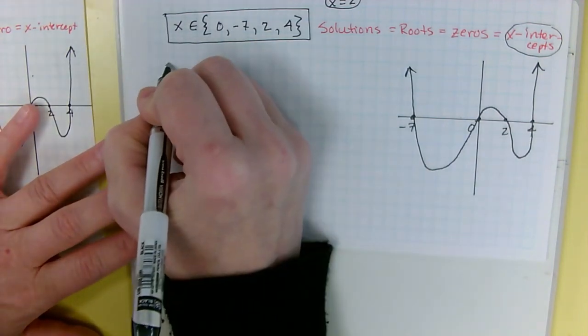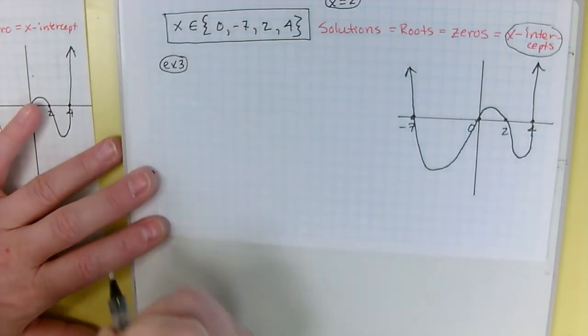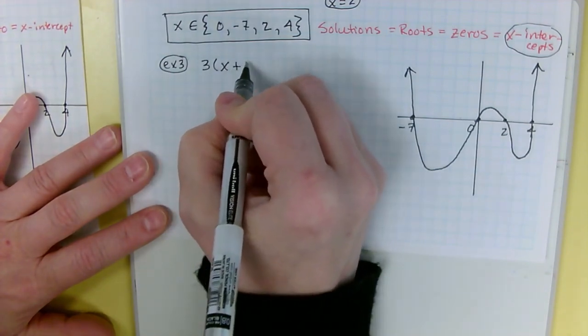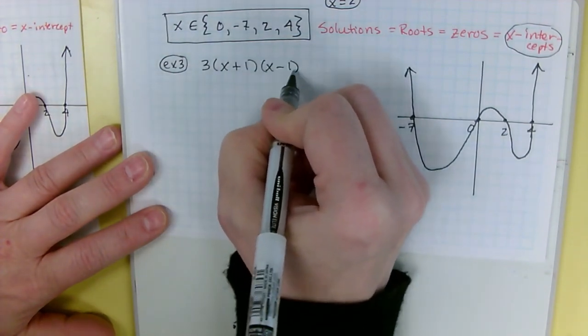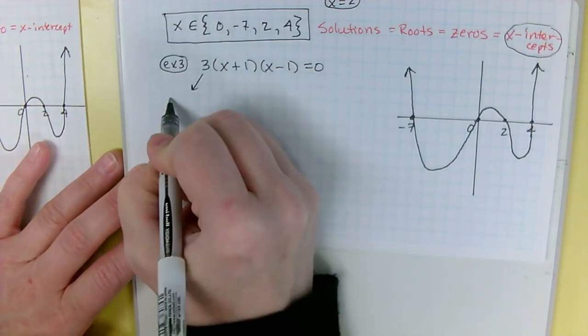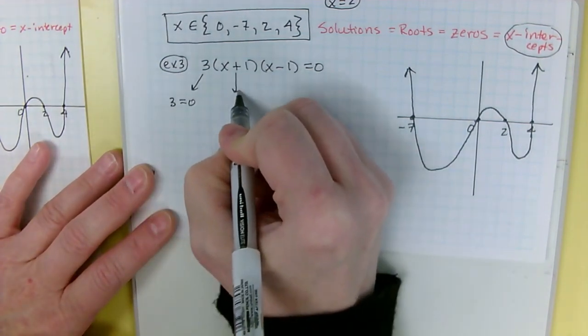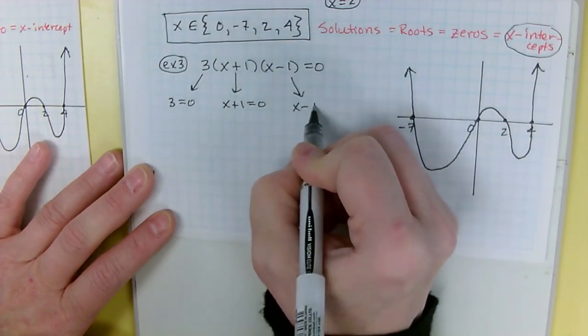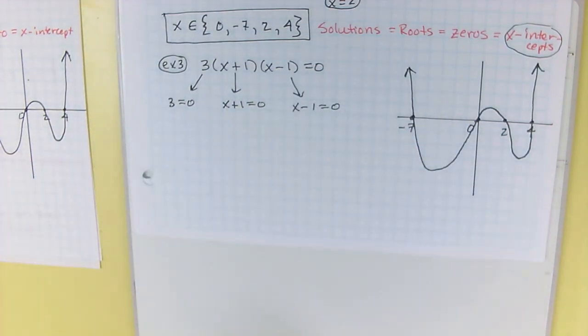Okay, cautionary tale, for example, 3. Let's say you factored and you got 3 times x plus 1 times x minus 1 equals 0. So following zero product property, you set 3 equal to 0, x plus 1 equal to 0, and x minus 1 equal to 0.